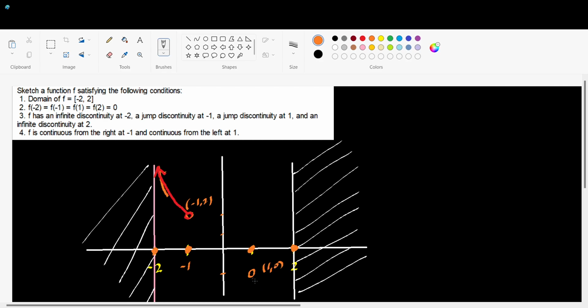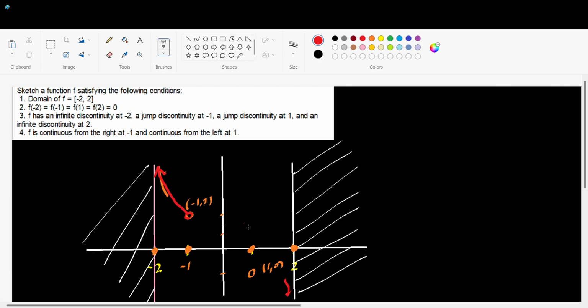And there is an infinite discontinuity at 2. It should be left of 2, either positive infinity or negative infinity. So any of these two. Let us say negative infinity.